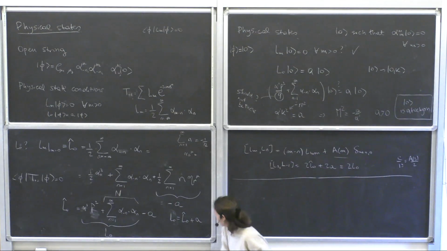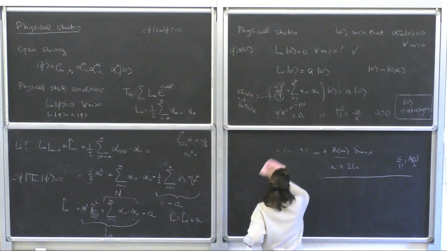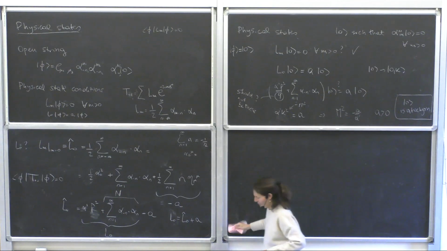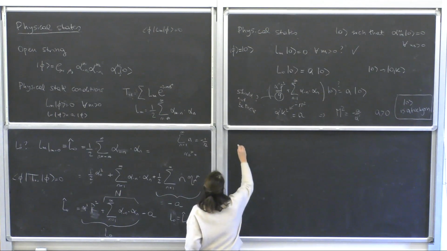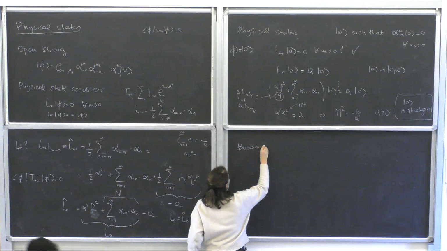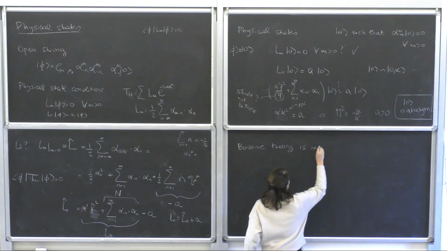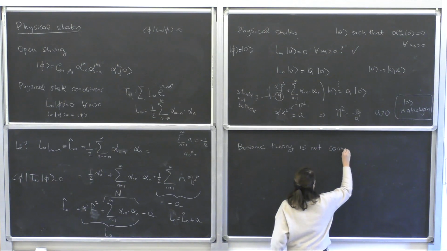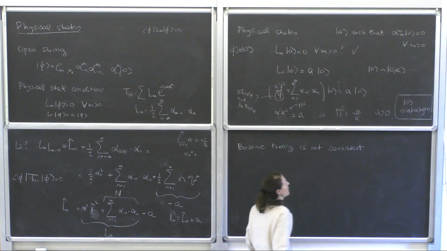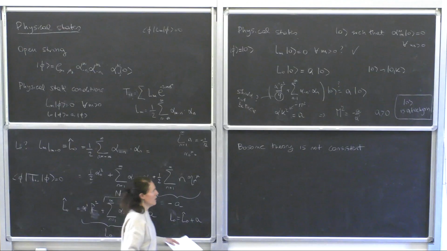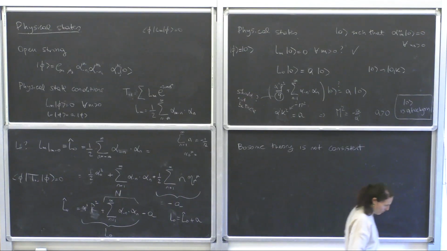This is saying, at the end of the day, that the bosonic theory is not a consistent theory. It has this tachyon that signals that the theory is unstable. We don't know if it runs to another theory where this tachyon is not there, so it's not consistent.